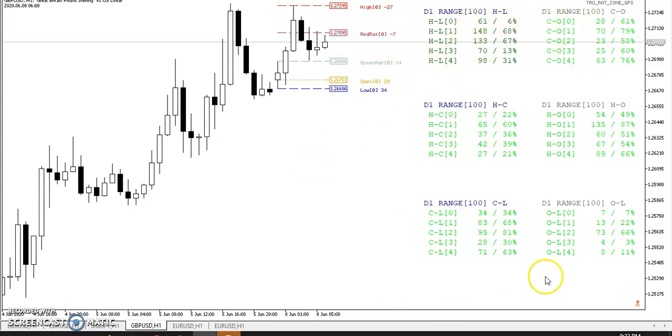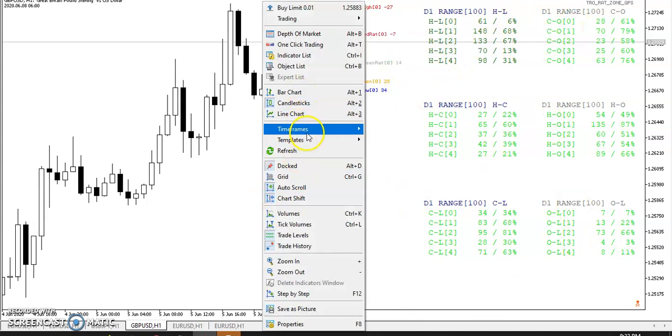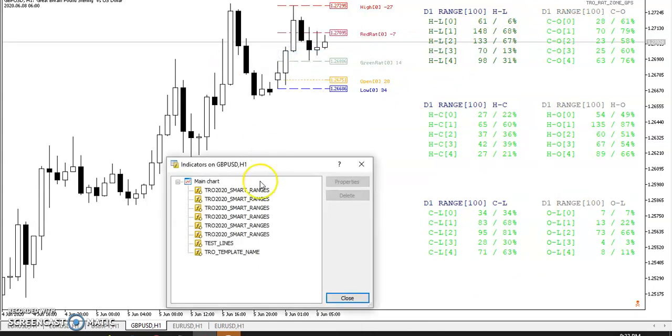But this smart range indicator, and once again, there's the templates. It's loaded up 6 times. There's so much you can do with it, these gauges, that it almost negates the need for any other indicators.